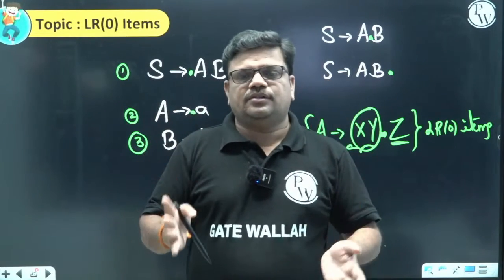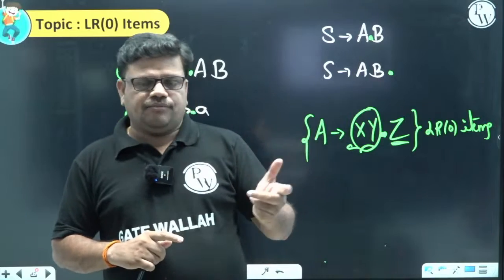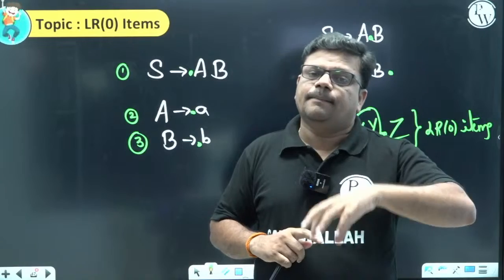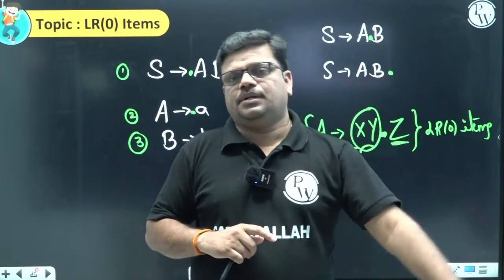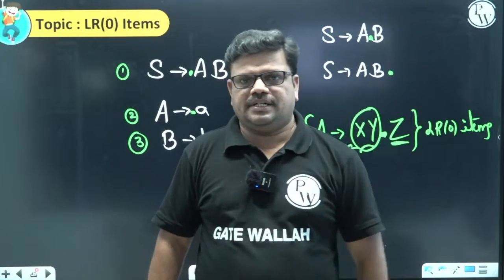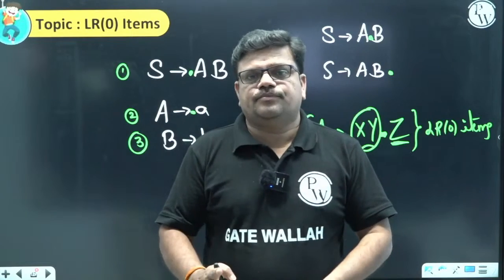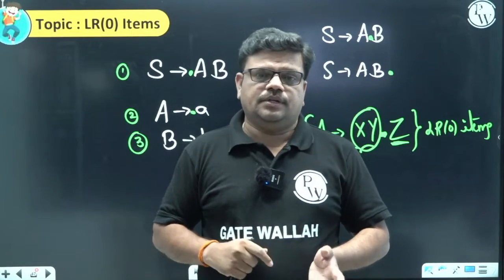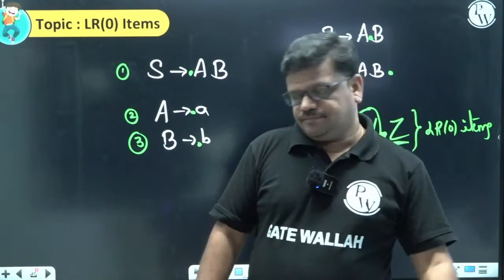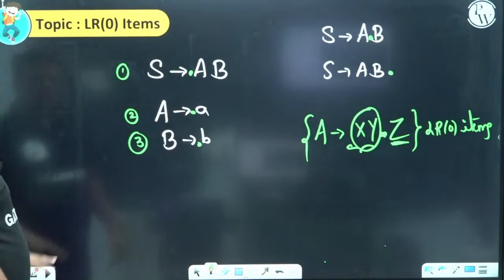Once you compute these LR0 items, we will construct a DFA, that is the LR0 items DFA. Based on that DFA, we will construct a table. In the table we have seen I0 and so on; all these are DFA states. So based on the states and these LR0 items, we can construct a complete parsing table. This is the meaning of an LR0 item.